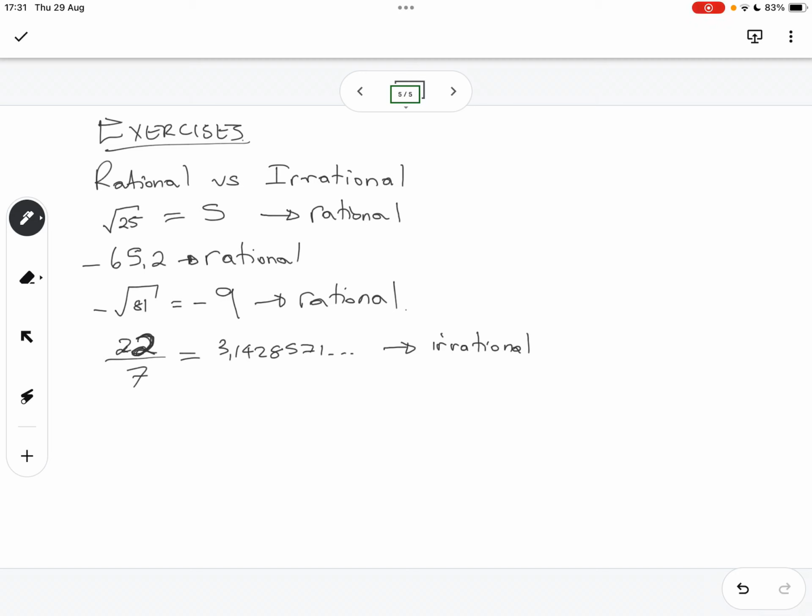So a number like 22 divided by 7, which is an approximation of pi, is irrational because it has non-terminating, non-recurring decimals. You get it? If you don't get it, forget about it.